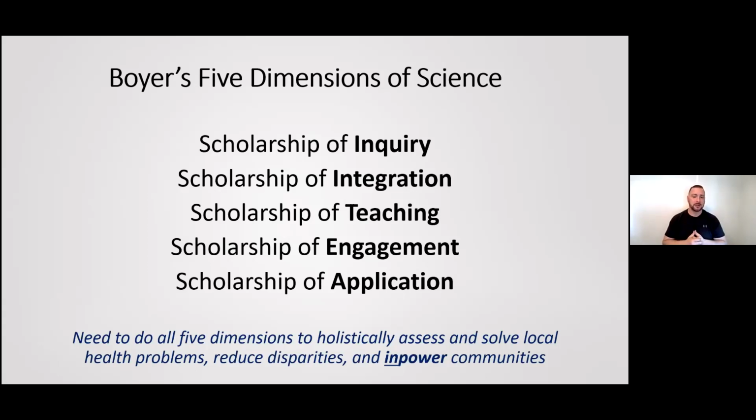You have a scholarship of integration. That's multidisciplinary. Think about it for a second. You have a problem that's a mountain. You have one discipline with a pickaxe, say environmental health, trying to pick at the mountain. "Oh my God, environmental health by myself. Look at me, I'm doing it all by myself." That's not how it works. You have to have multiple disciplines solving the problem with multiple pickaxes.